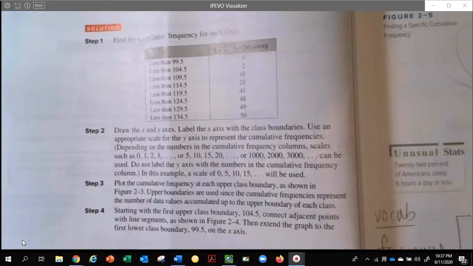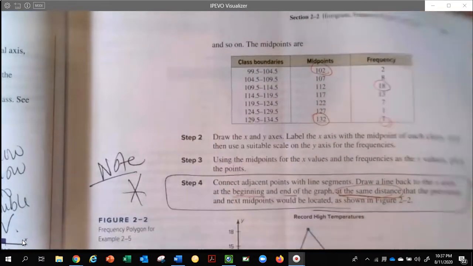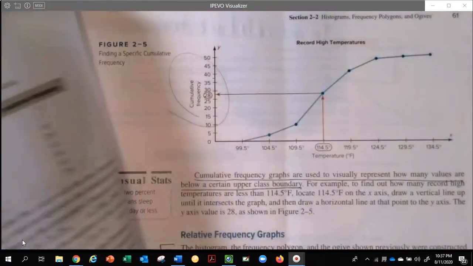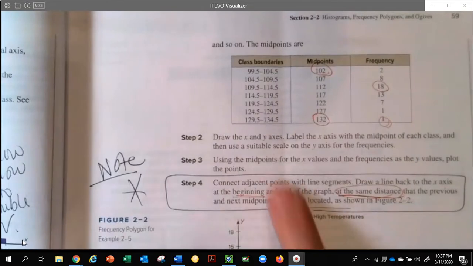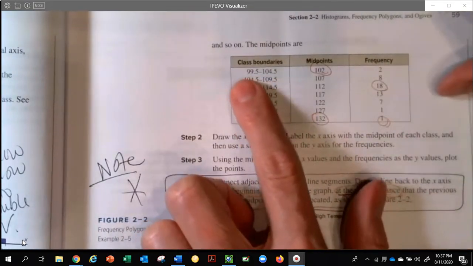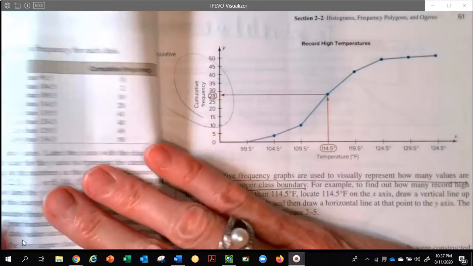Looking here, it gives us some information, and it's telling us cumulative. Looking right here on our chart, it is the same data. And so they're using this chart, and right here the first thing they say is less than 99.5. See right here? Less than 99.5.